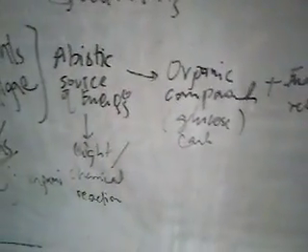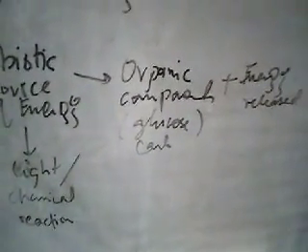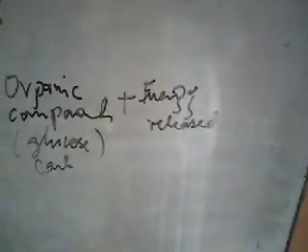It uses the light energy, and in the presence of carbon dioxide, which is an inorganic compound, produces the organic compound glucose or carbohydrate, which is the food for the plant itself. That is, it is making food for itself. Plus it also releases some energy.